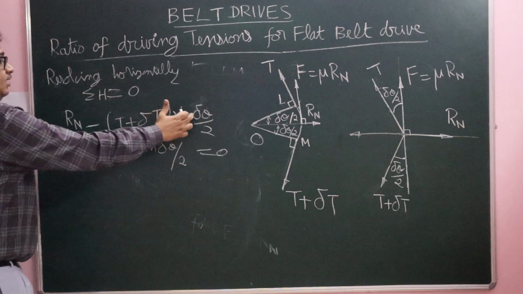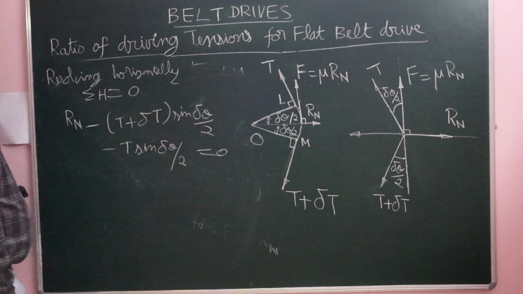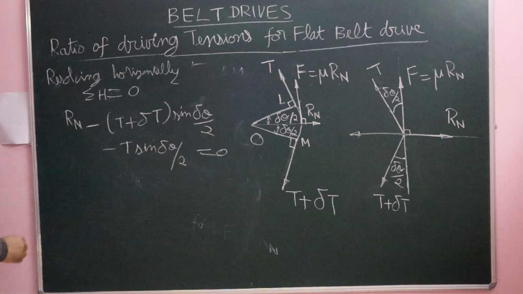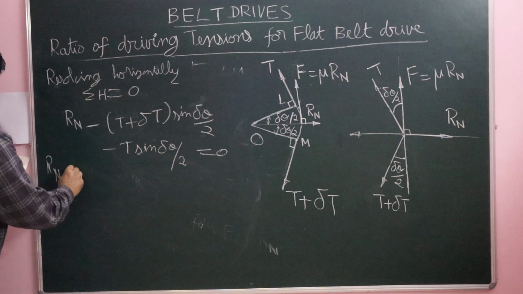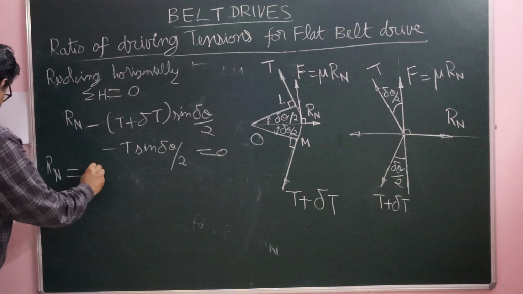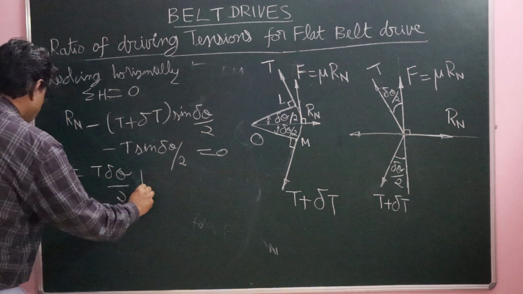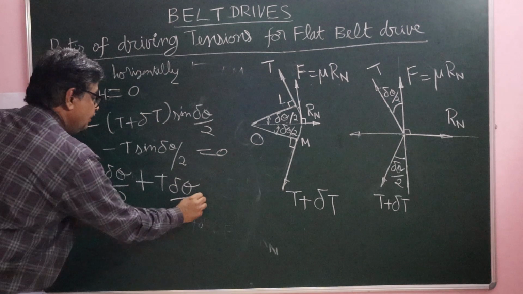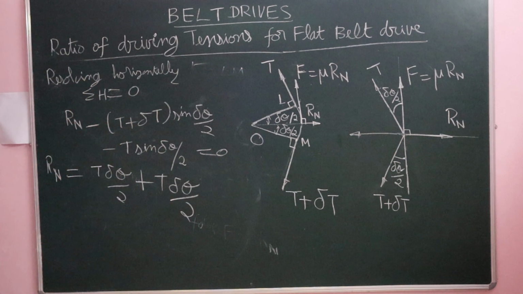Sine del theta by 2 is very small, therefore instead of sine del theta by 2, I can write del theta by 2. Therefore Rn, I take this to the right side, so I can write T del theta by 2 plus T del theta by 2.